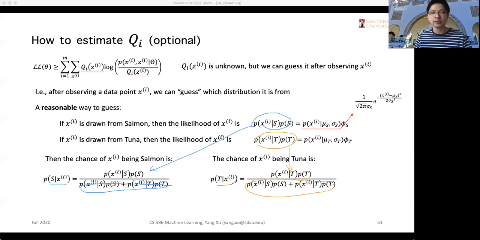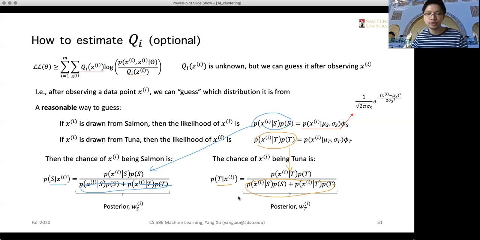These probabilities are something we call the posterior probability: the probability of being salmon given that data point, and the probability of being tuna given that data point. These posteriors are what we will use to estimate the Qs, to replace the unknown Qs, right?